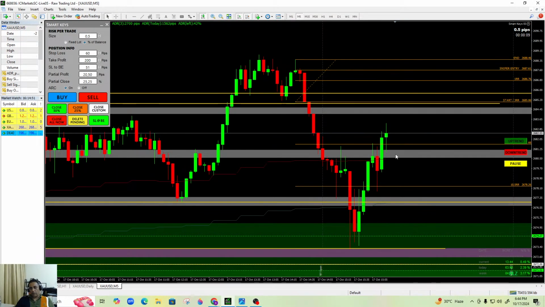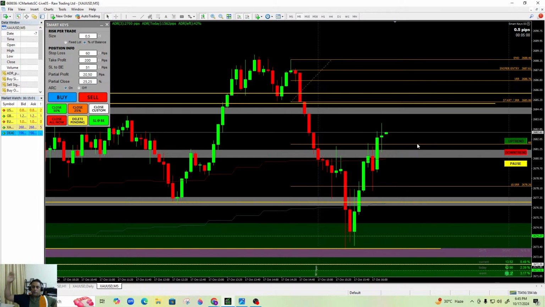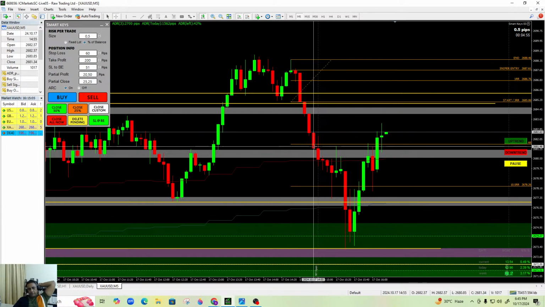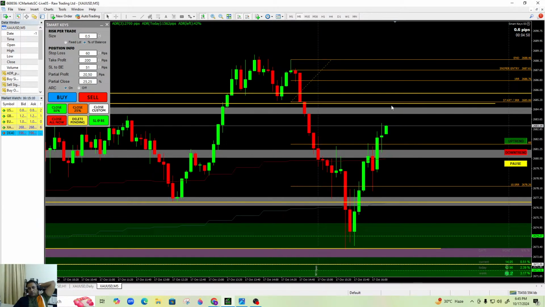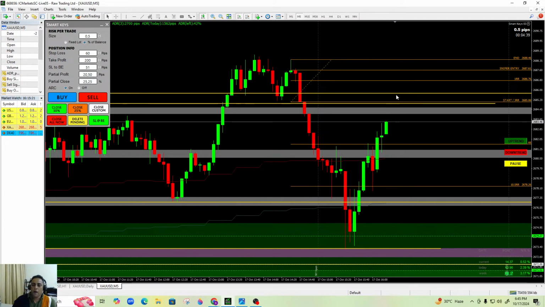So this 5-minute candle is closing above again. The next one should push up here. We've got clean space to the left. All of that is clean space. There's nothing. So price should easily continue higher. Here we go.